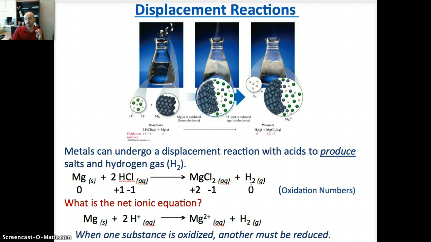The oxidation number of chlorine is -1 before the reaction and -1 after, so chlorine has not been oxidized or reduced. One key to remember is that when one substance is oxidized, another must be reduced. We can then look at the net ionic equation, which shows that the chloride has nothing to do with it. It's a spectator.